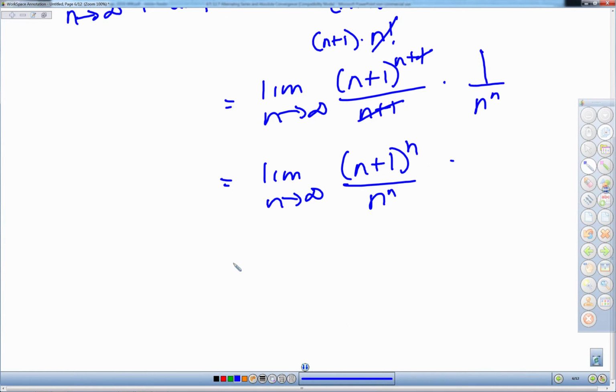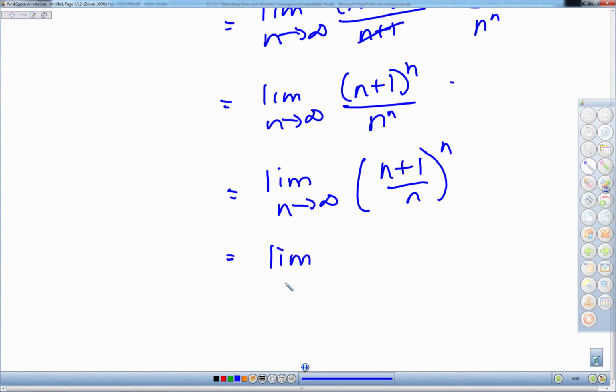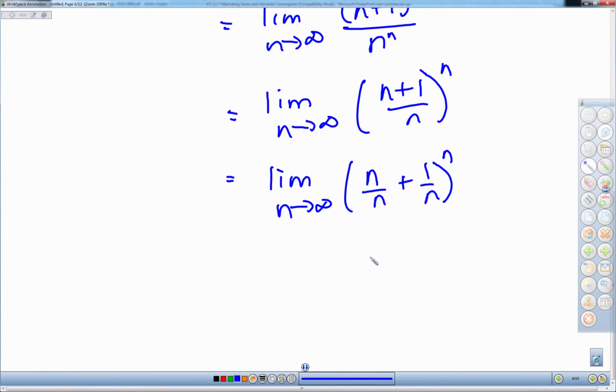So I can do a little bit more algebra and make that n plus 1 over n to the nth. That's going to give me the limit as n approaches infinity of, I'm going to make that n over n plus 1 over n to the nth. And some of you can already smell what I'm cooking here. That should give me 1 plus 1 over n to the nth.